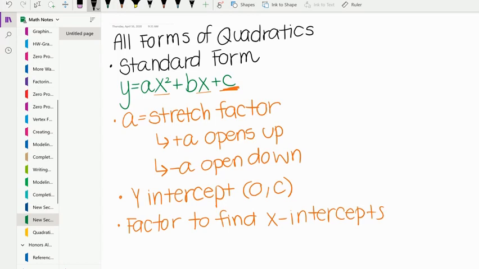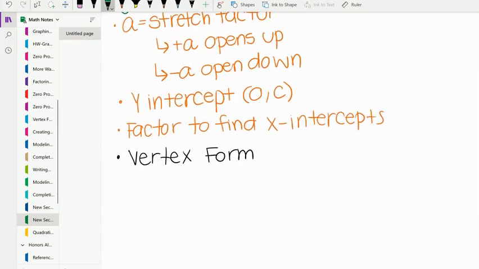All right, so the next one we're going to look at is vertex form. Vertex form is y equals a times (x minus h) squared plus k.